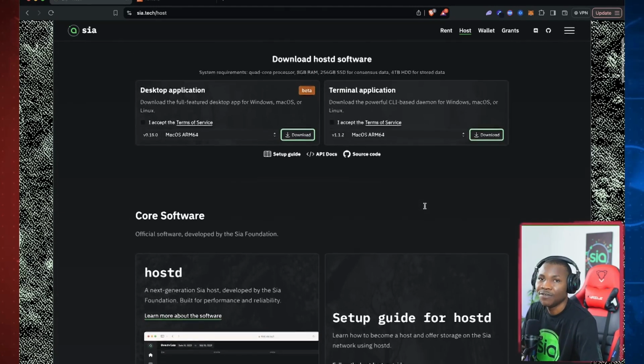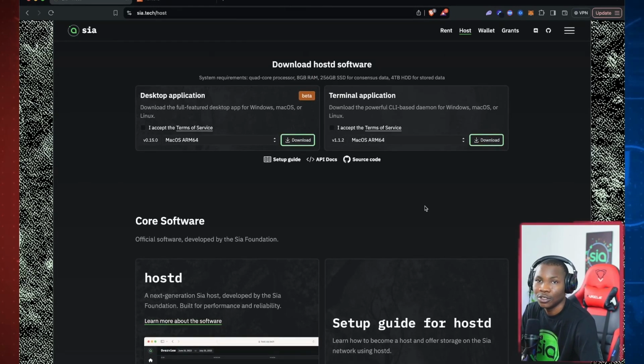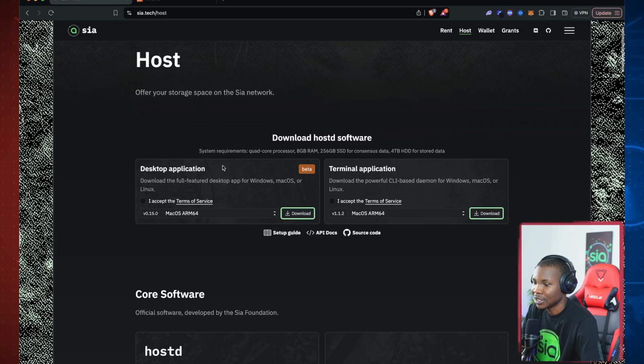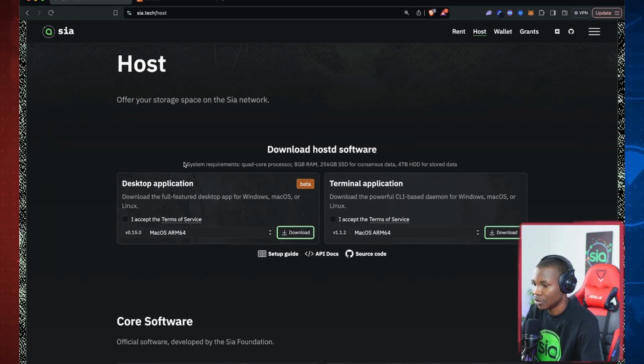So if you have a computer and it meets some requirements such as this, let me zoom in. You see the system requirement: a quad-core processor, that is a 4-in-1 processor, and 8 gig RAM and something around 256 gig SSD for consensus data.